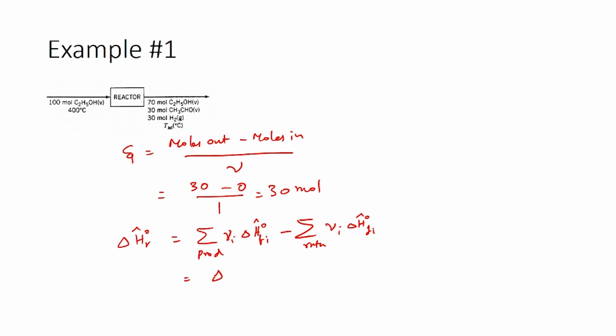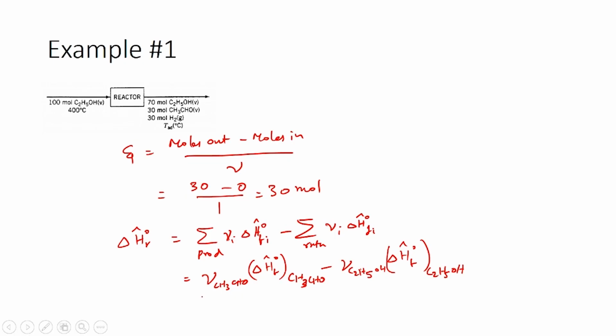So, you would have this as stoichiometric coefficient of acetaldehyde, CH3CHO, times the standard heat of formation of acetaldehyde, minus stoichiometric coefficient of ethanol times the standard heat of formation of ethanol. So, using this we can actually calculate the heat of reaction.